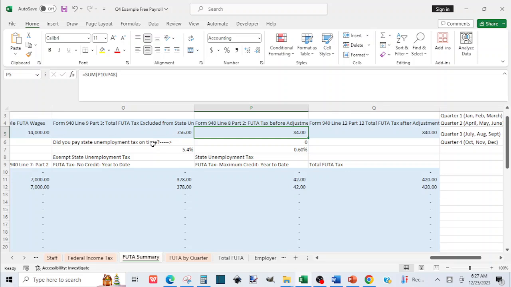And since the IRS instructions for Form 940 say that some states do not tax officers, the business does not pay unemployment tax on officer salaries. Therefore, I didn't pay state unemployment.